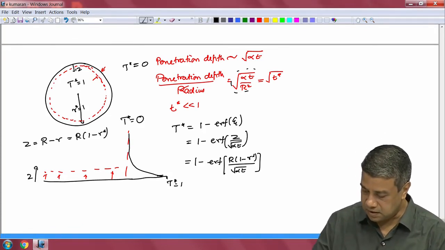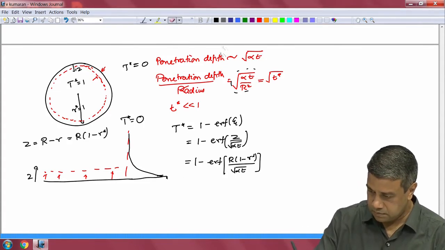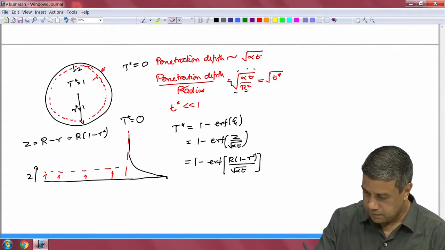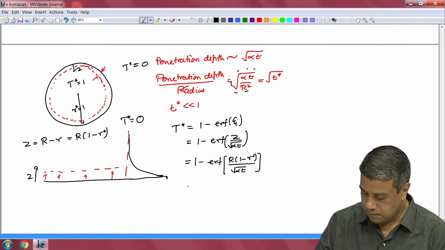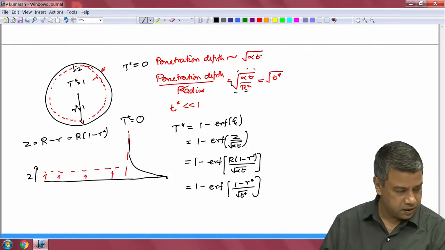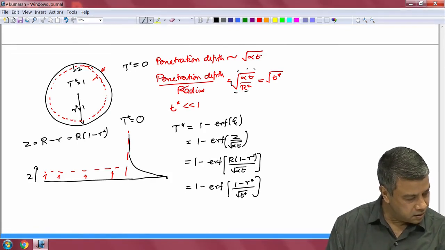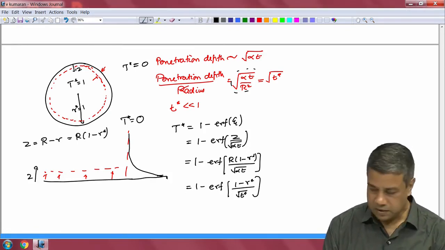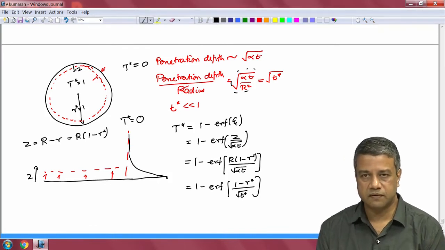So, I can write this as 1 minus error function of 1 minus r star by square root of t star. So, therefore, this is the solution I would have at very early times.